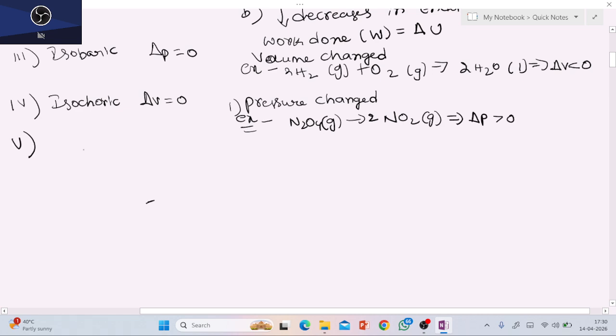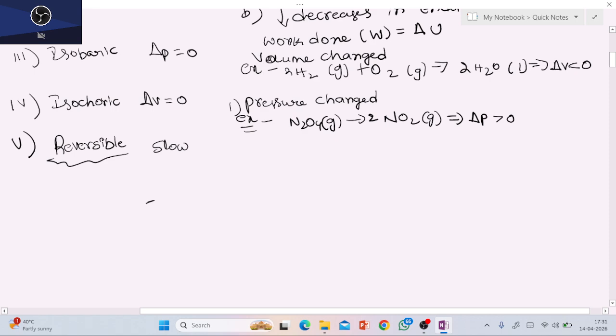Fifth one. Next, reversible. Exactly, we have to know what is a reversible type of reaction or system. The system is almost in the state of equilibrium, of course, very slowly. So a reversible system is in constant equilibrium, but it occurs slowly.